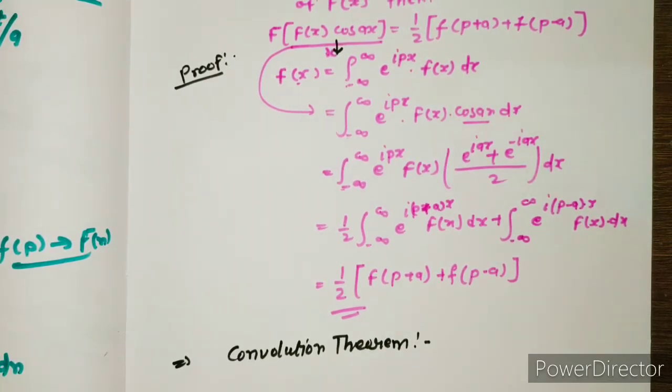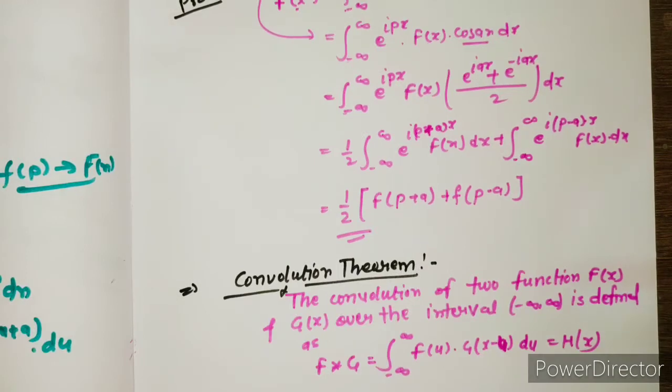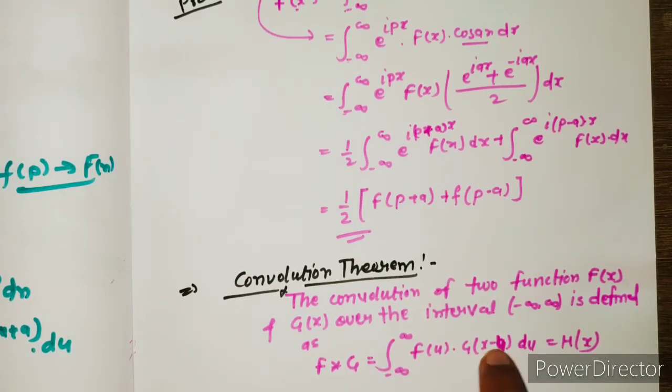The basic definition: the convolution of two functions f(x) and g(x) over the interval minus infinity to infinity is defined as f star g, that is f convolution g, equal to the integral from minus infinity to infinity of f(u) g(x - u) du, equal to the final result h(x).